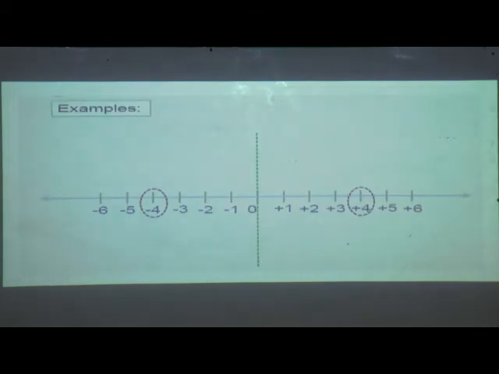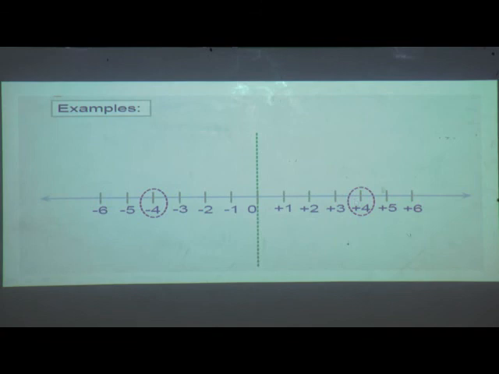Examples. Now you can see here. Now we have to denote +4 and -4 on the number line. Now this is the point 0, so let us move 4 points further. So from 0, count 4 points, 1, 2, 3 and 4.